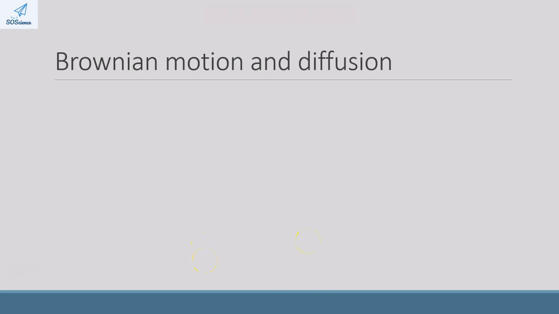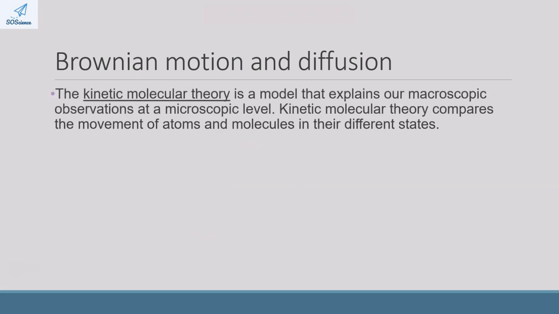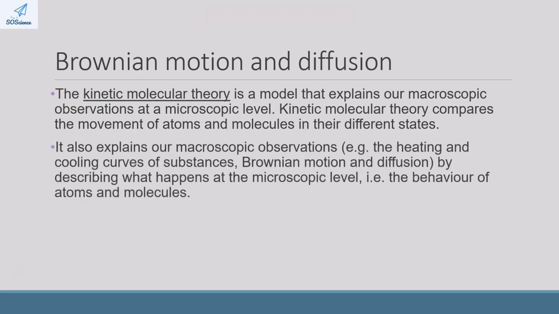And that brings us to the end of kinetic molecular theory. The kinetic molecular theory is a model that explains our macroscopic observations, the things that we can see and measure, at a microscopic level, a particle level that we cannot see. Kinetic molecular theory compares the movement of atoms and molecules in their different states, so in a solid, a liquid, and gas.